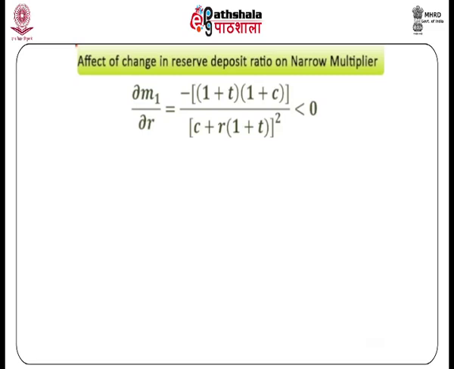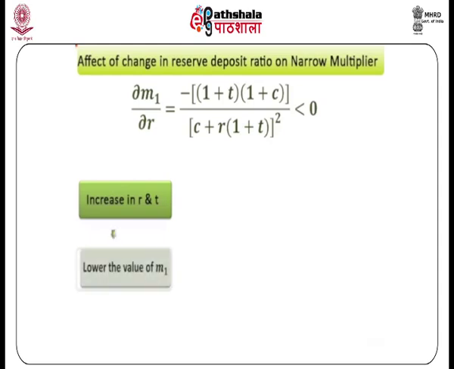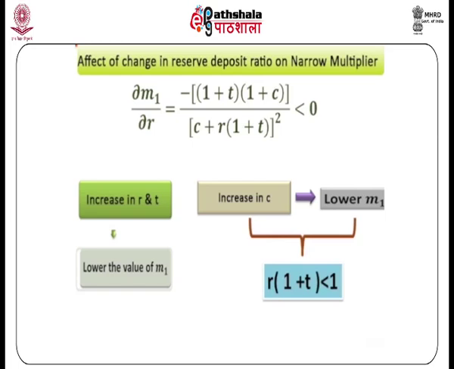It can be seen that increases in R and T will unambiguously lower the value of M1, while increases in C will lower M1 so long as R(1 plus T) is less than 1, representing the leakage of H into currency holdings or reserves.